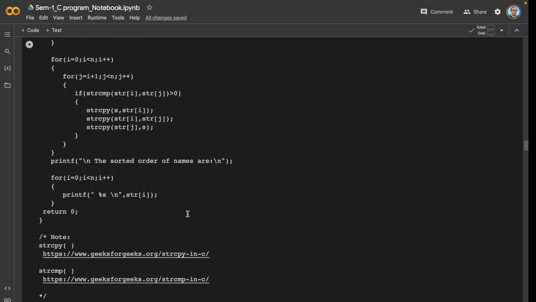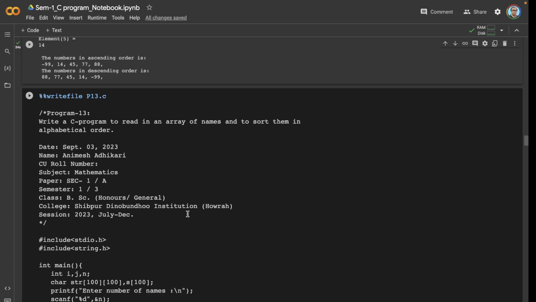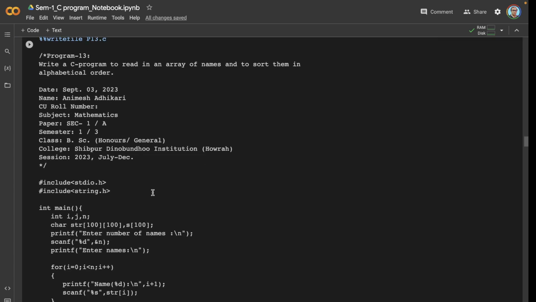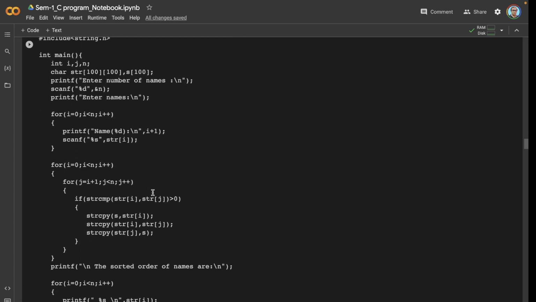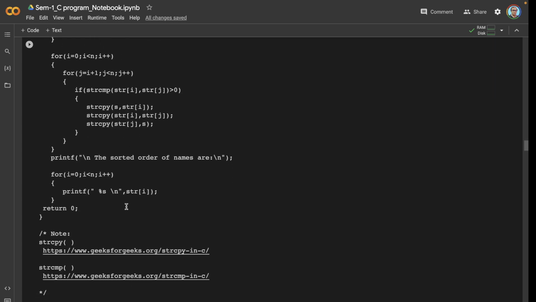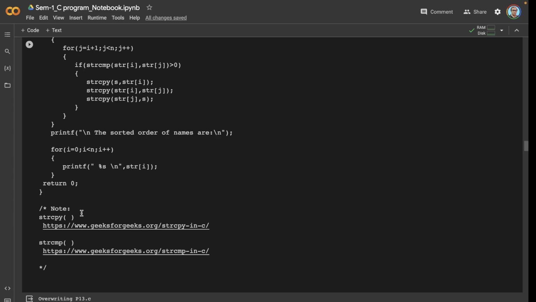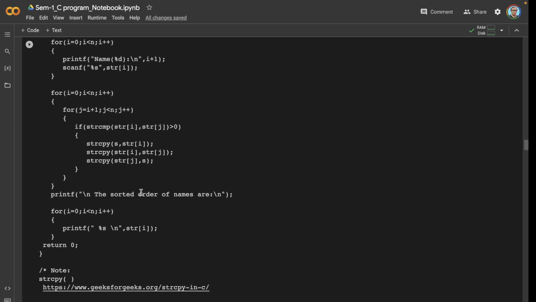Actually, this may be out of syllabus because of the string functions strcpy and strcmp. You can read about strcpy and strcmp on the website at this link.